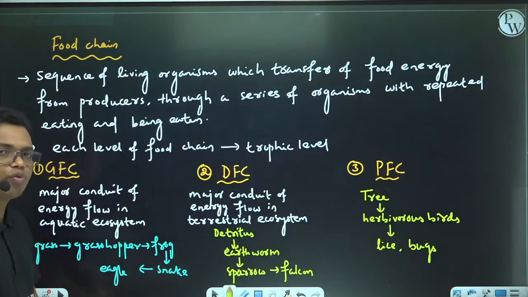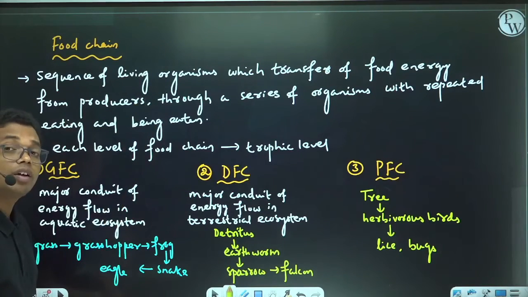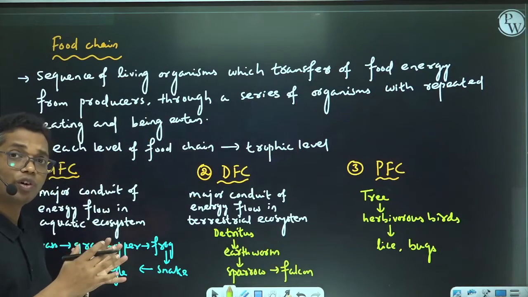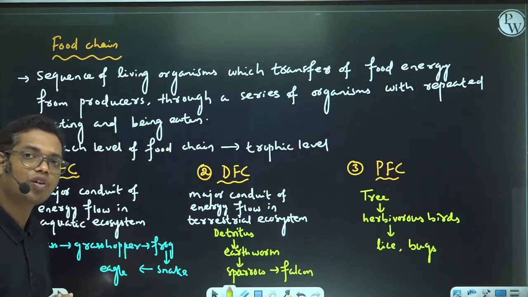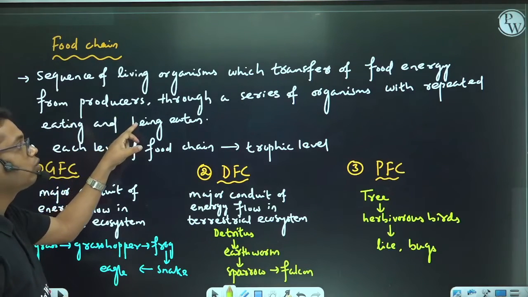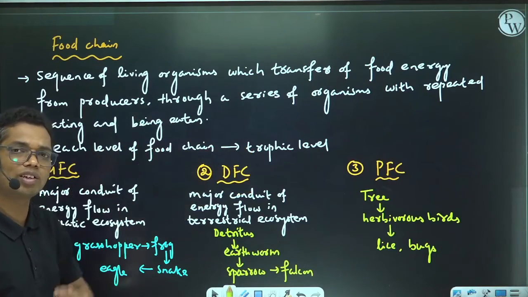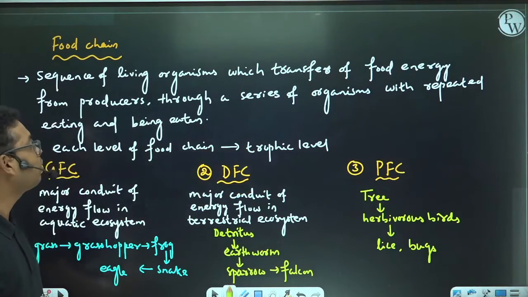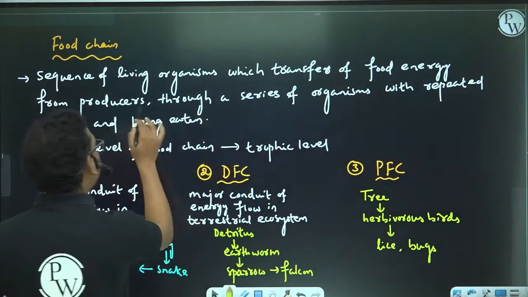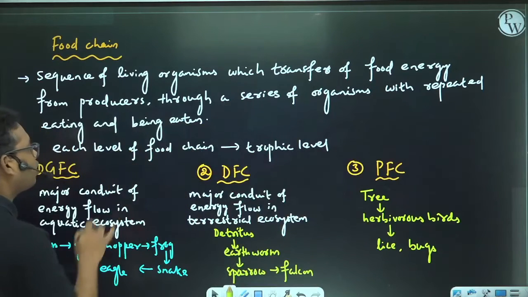Okay, so what about food chain? Food chain is basically a sequence of living organisms in which there will be transfer of food energy, from the producers to the primary consumer, then primary consumer to secondary consumer to tertiary consumer, and so on. That means this is the transfer of food energy from producers through a series of organisms with repeated eating and being eaten.